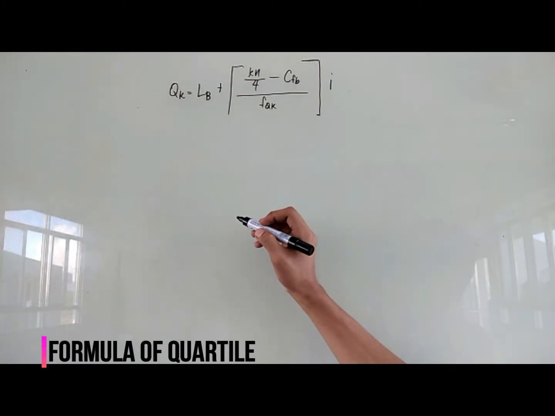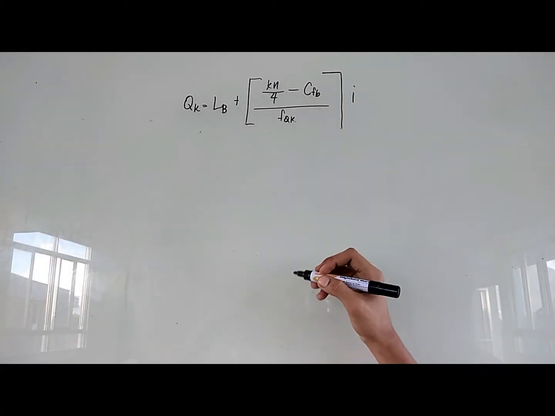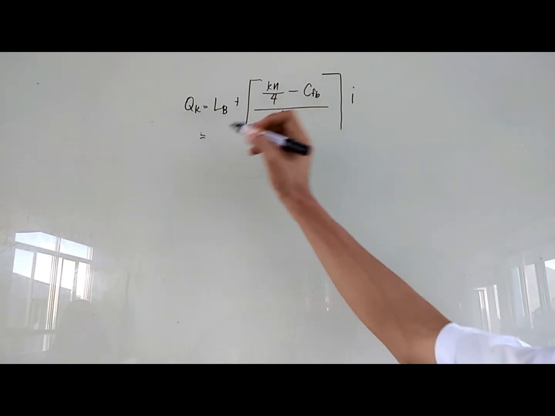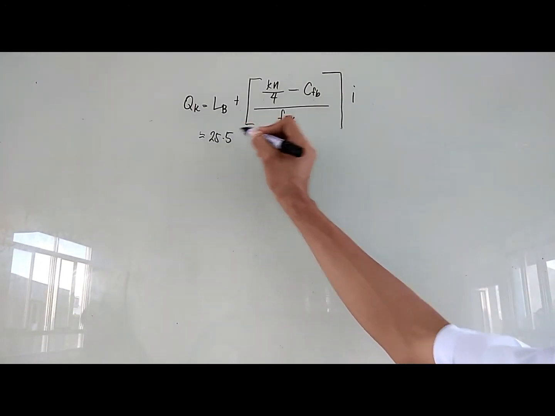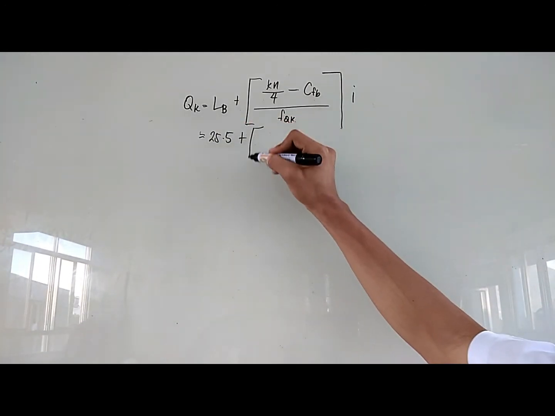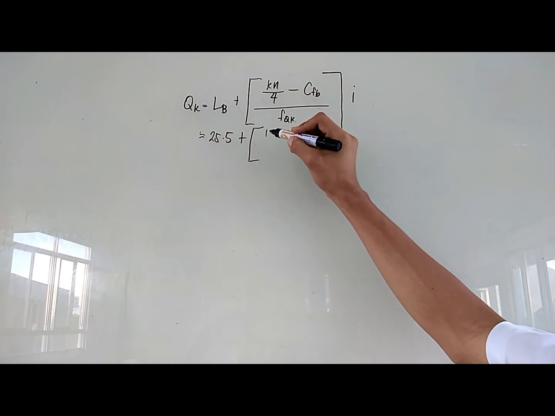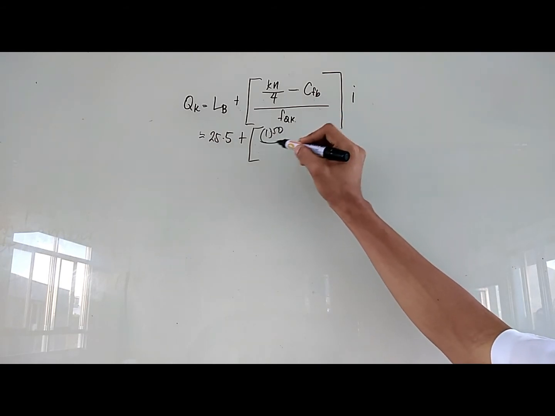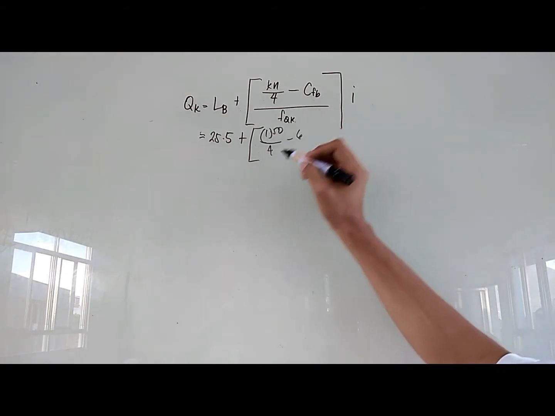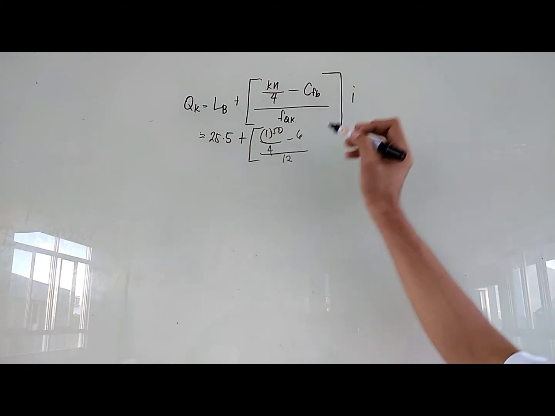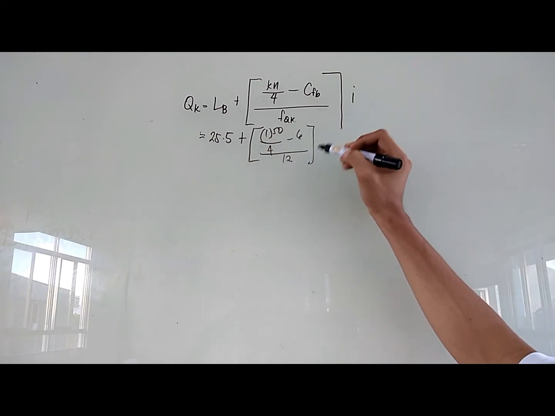Let's solve Q1 using the formula of quartile for grouped data. Then substitute and solve. So we have 25.5 plus the quantity of 1 times 50 over 4 minus 6, divided by 12, multiplied by 5.